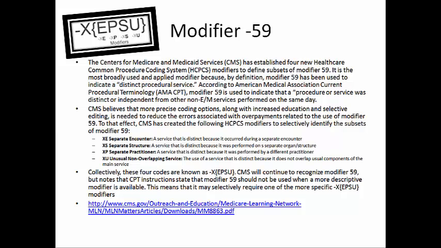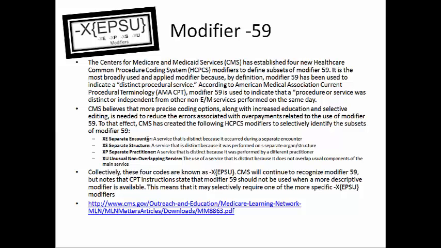And it's really interesting because they believe that more precise coding options along with increased education and selective editing is needed to reduce the errors associated with overpayments related to the use of modifier 59. So you can see that this is a heavy target, heavy area. So here is what they're looking at.